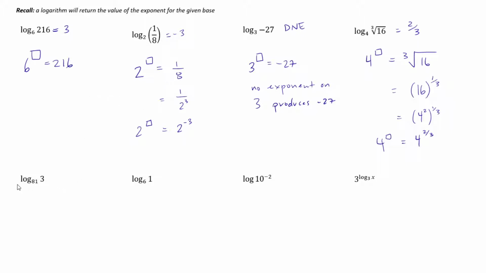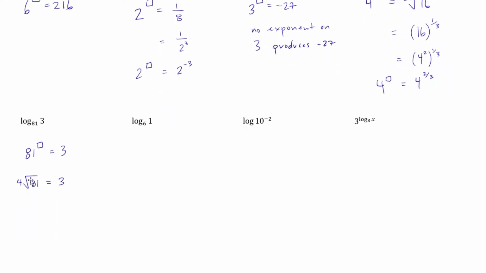Looking at this one right here, logarithm of 3 base 81. So again, 81 to what power would give you 3? If we took the 4th root of 81, we would get 3.